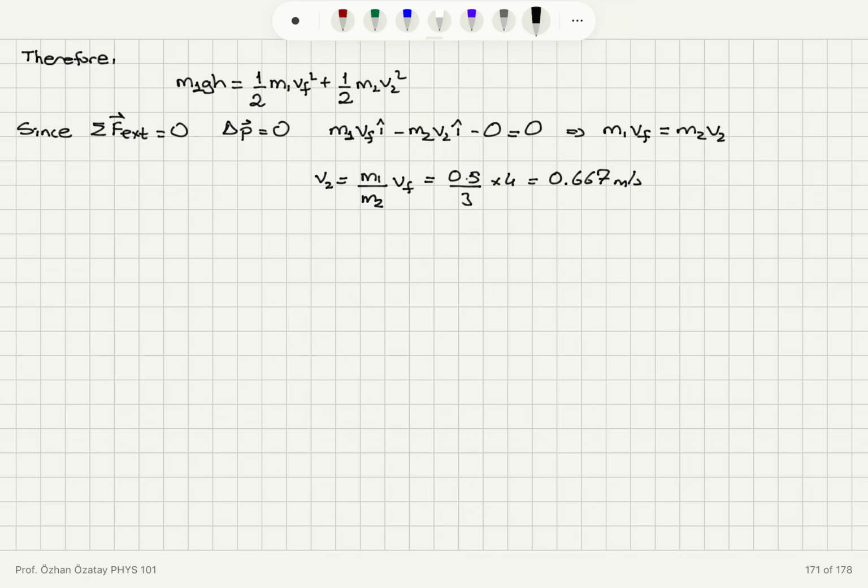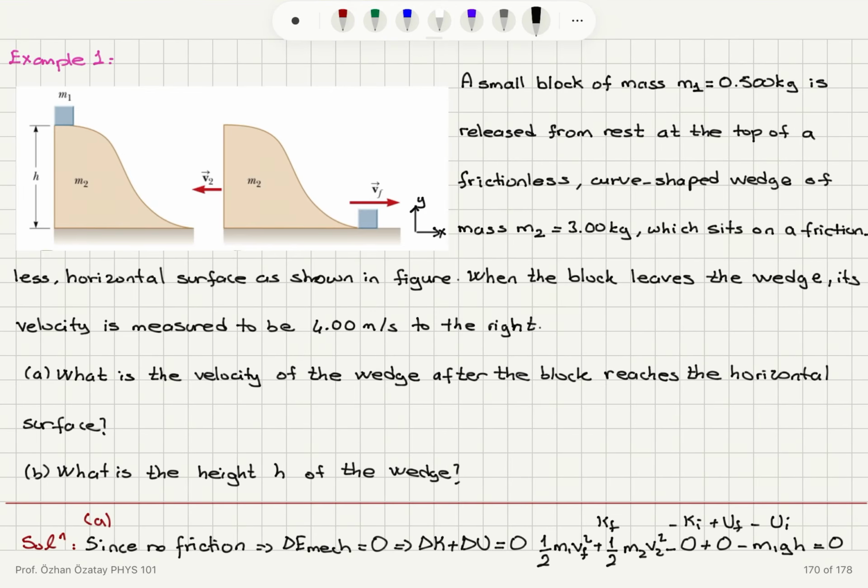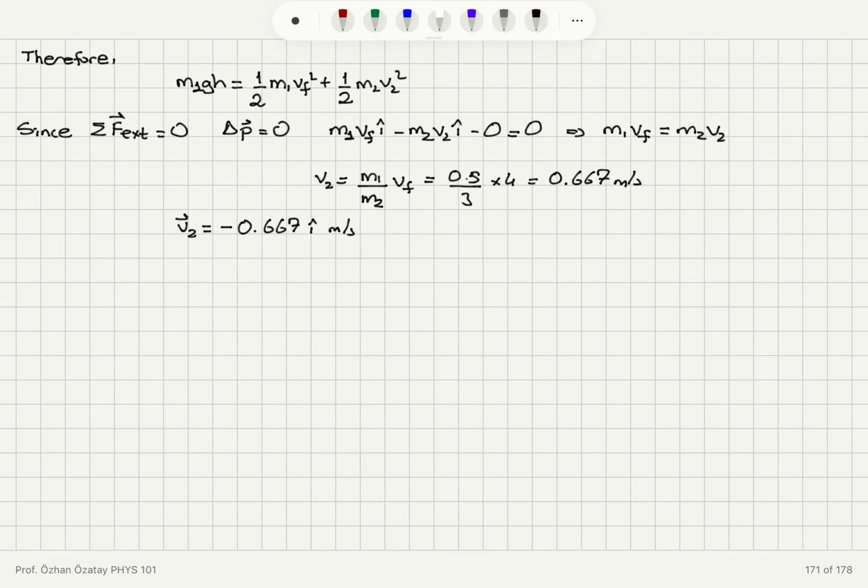So written as a vector, v2, the final velocity of the wedge, is minus 0.667 I hat meters per second. As you can see, I have identified x and y axes here. Therefore, this is in the minus I hat direction.